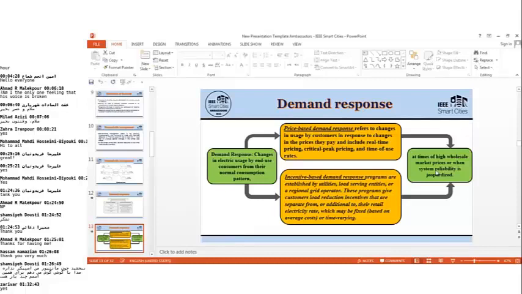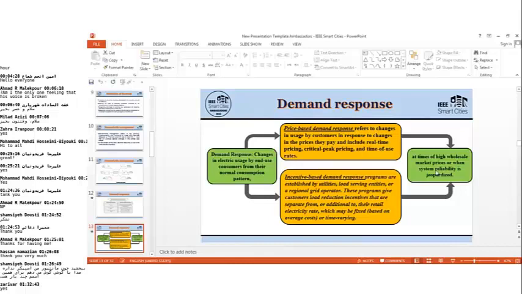They pay and include real-time pricing, critical peak pricing, and time of use, which are types of demand response. Another one is incentive-based demand response. Incentive-based demand response programs are established by utilities, load-serving entities, or regional grid operators.